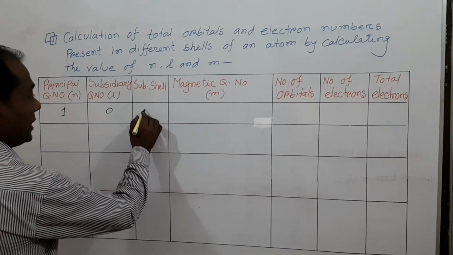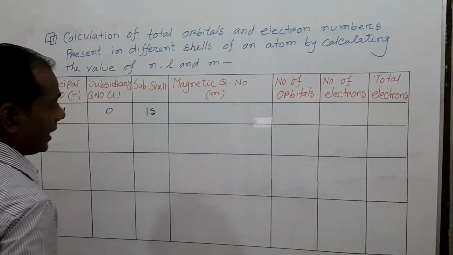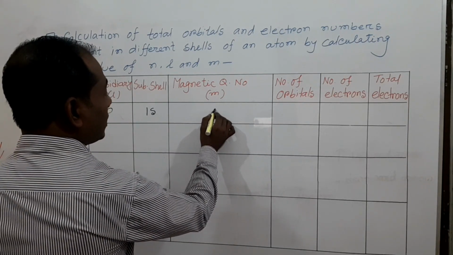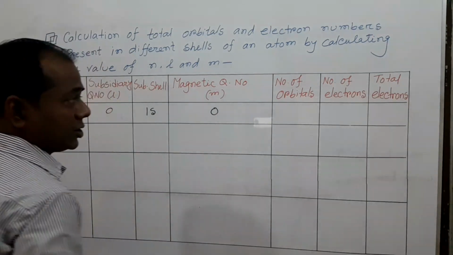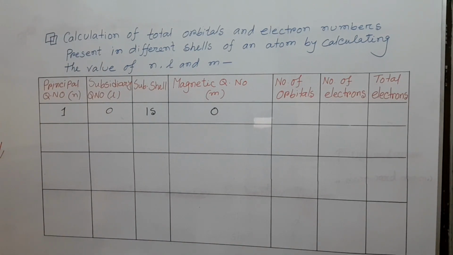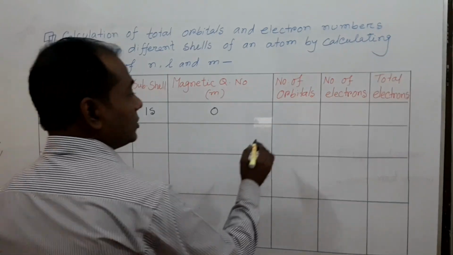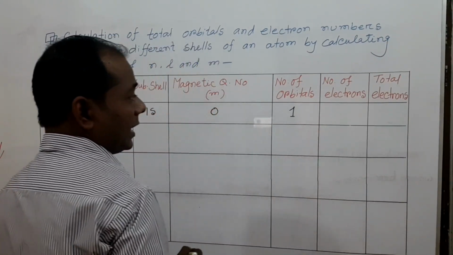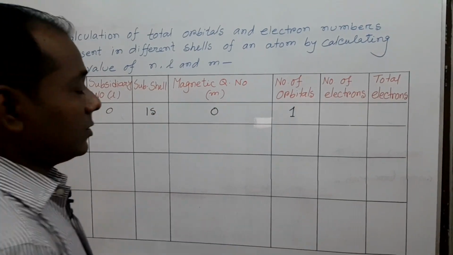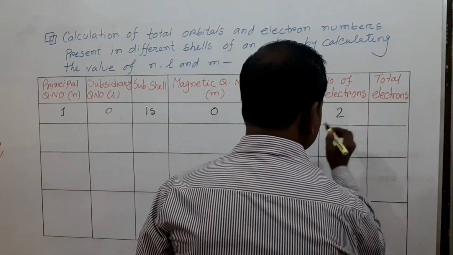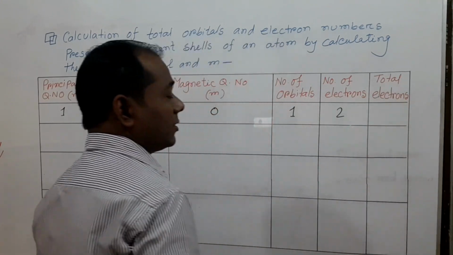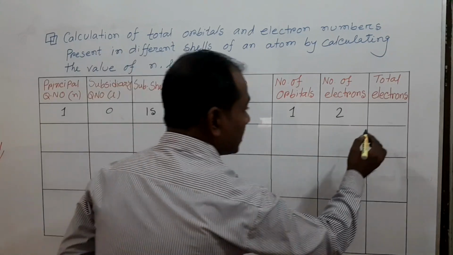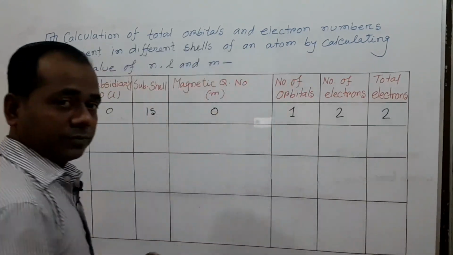So the subshell is 1s, and for L equal to 0, we get magnetic quantum number equal to 0, and when m equal to 0, then we get only 1 orbital, and for 1 orbital we get 2 electrons. So total number of electron present in first shell equal to 2.